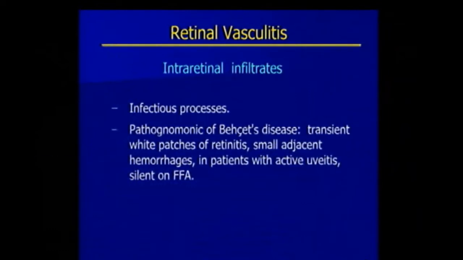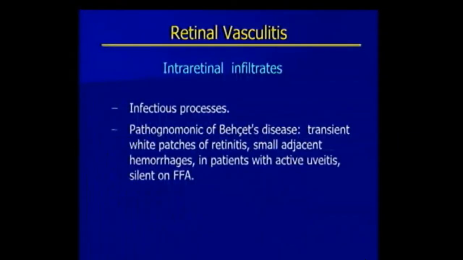Seeing intraretinal infiltrates can indicate an infectious process, which you have to rule out, and if you rule out infection, then you are left with one diagnosis, which is Behçet disease. Intraretinal white infiltrates are sometimes called chalky white retinitis.